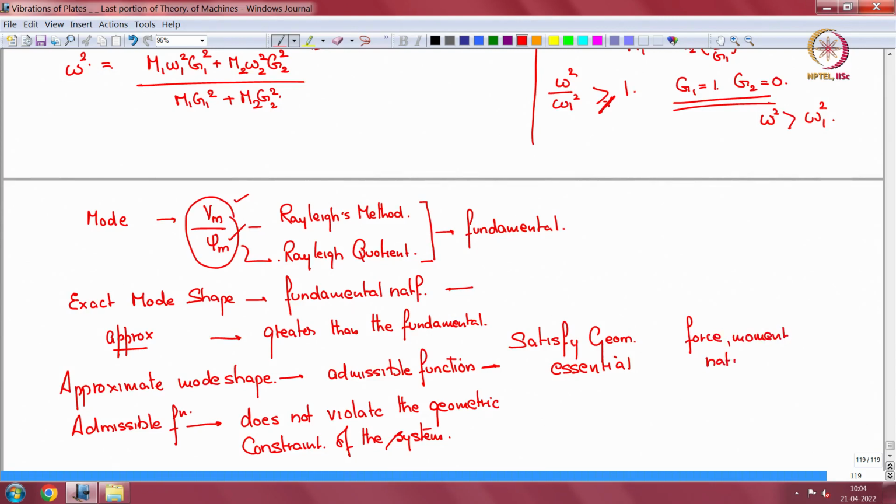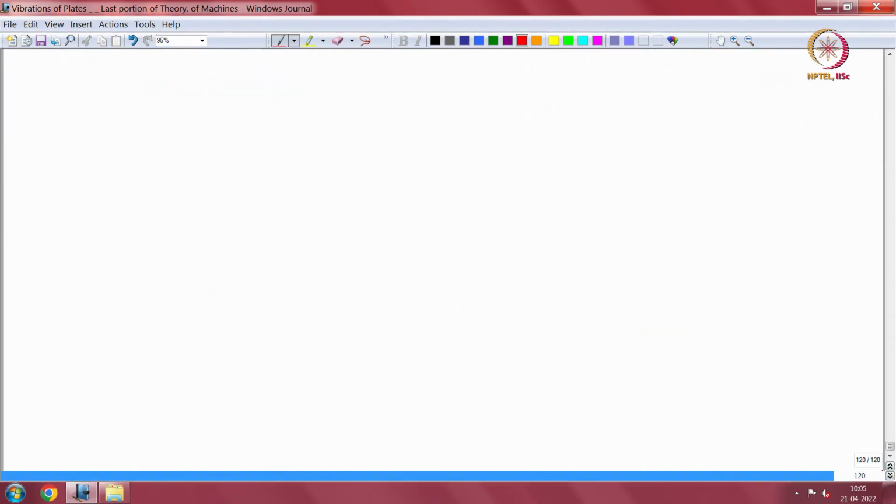So the function has to satisfy these essential boundary conditions. Such a function is called admissible. Now let us see an example for a continuous system.